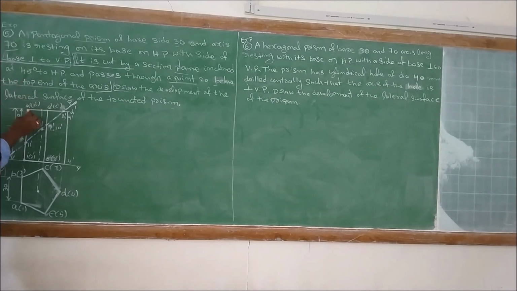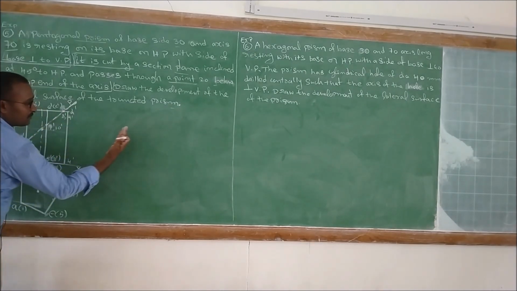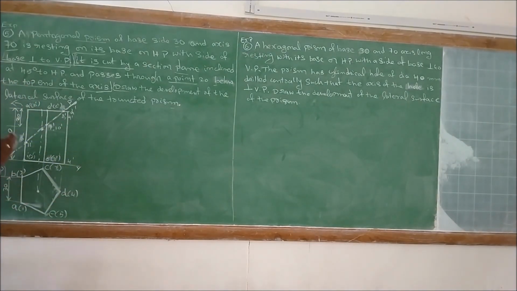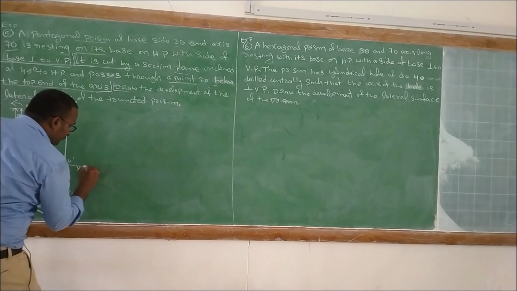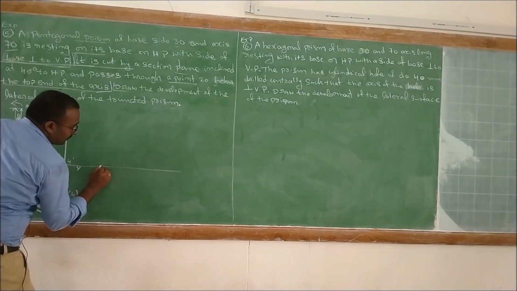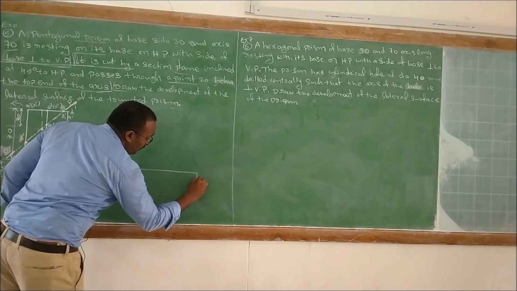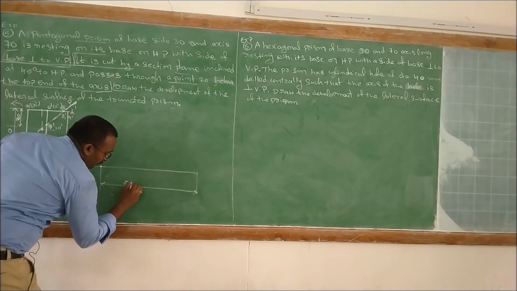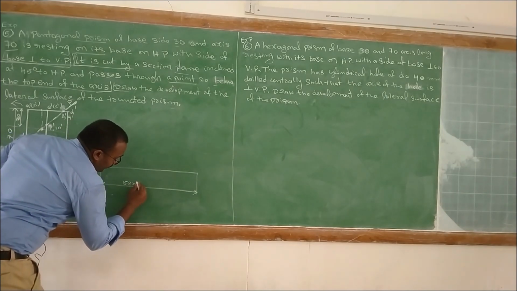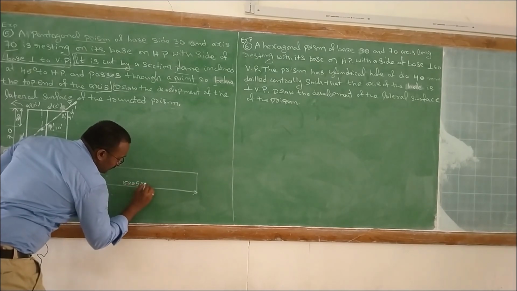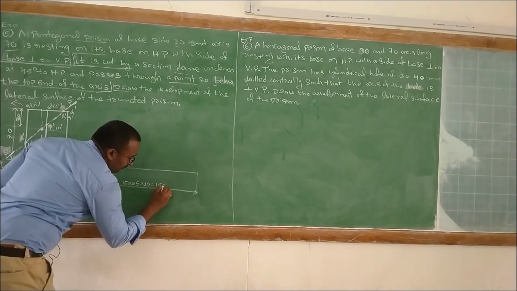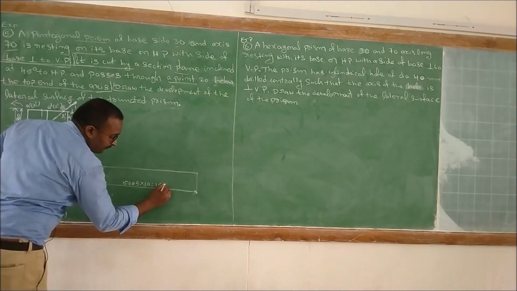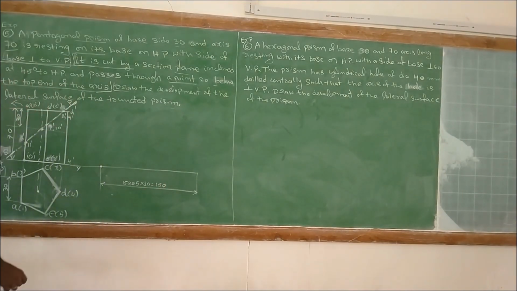Now we need to remove this top portion, then we need to develop the bottom surface. Initially, we must develop the complete pentagonal shape. So the total length of this line is equal to the periphery of the base, which is 5 into 30, that is 150.